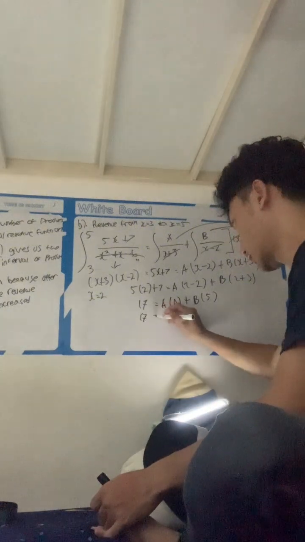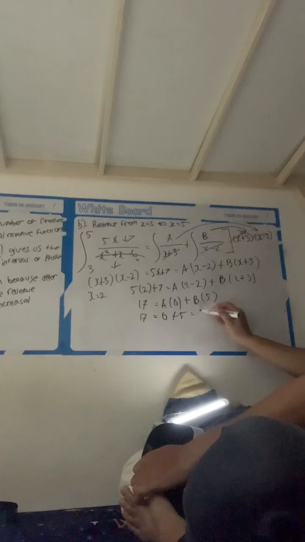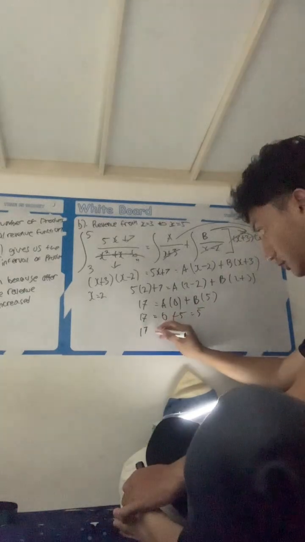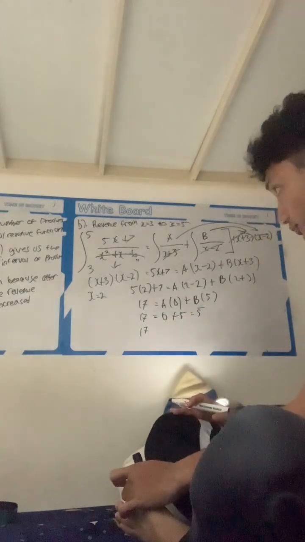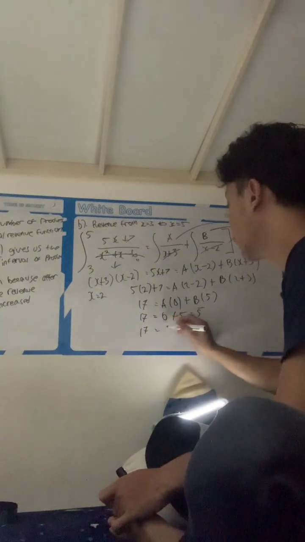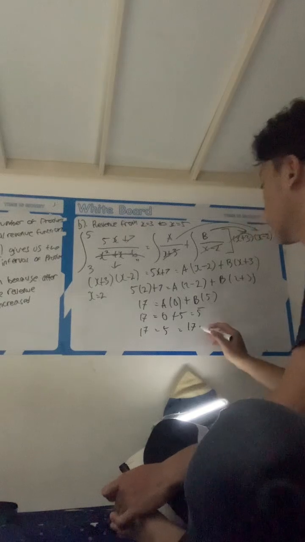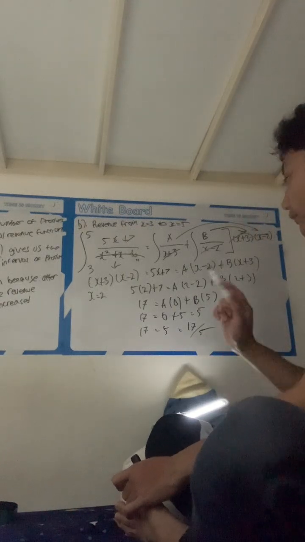So this results in 0 plus 5B, so 17 per 5 is 17 divided by 5.